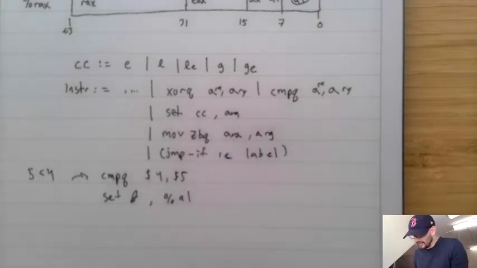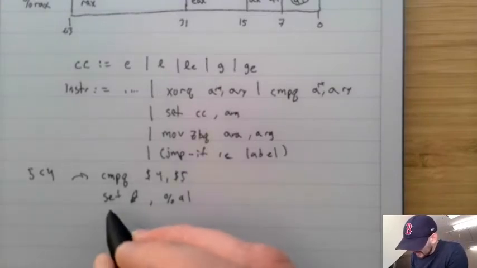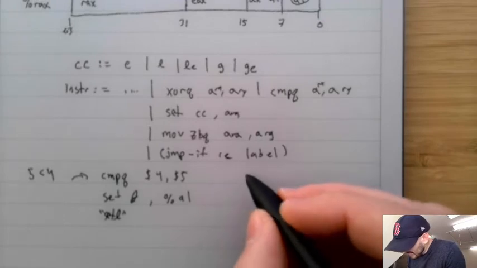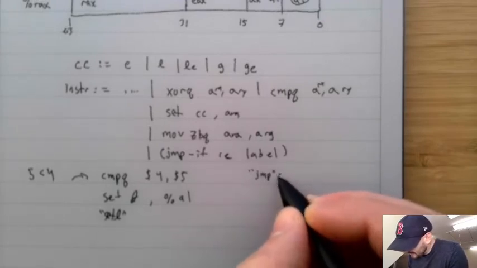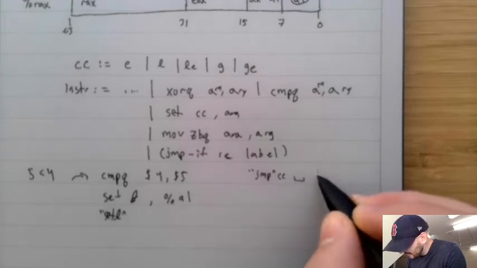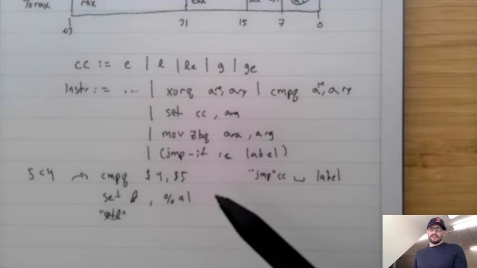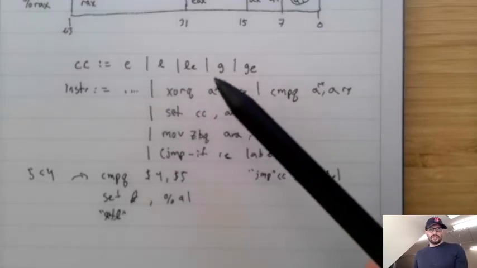So what I'm saying is that it wouldn't really be printed as set L. It would be printed as setL with no space. That's the way it would get printed. Similarly, a jumpif gets printed as the character jump, then the CC, and then a space, and then the label. So basically, the operations are like jumpE, jumpL, jumpLE, jumpG, and jumpGE.